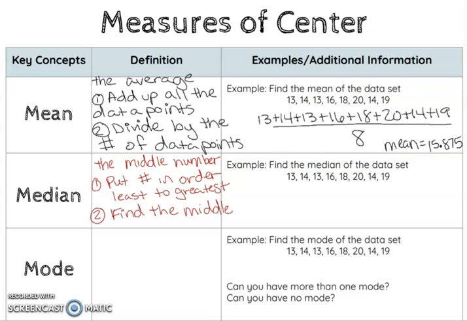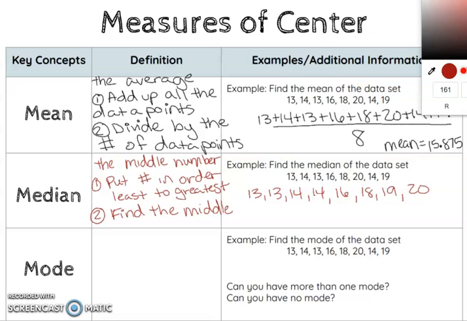So looking at the data on the right, I would put this in order, least to greatest, and then I find the middle number. If I have an odd amount of data points in the set, it's going to be very easy to find that middle number. If I have an even amount like I do here, I can still find that middle number.